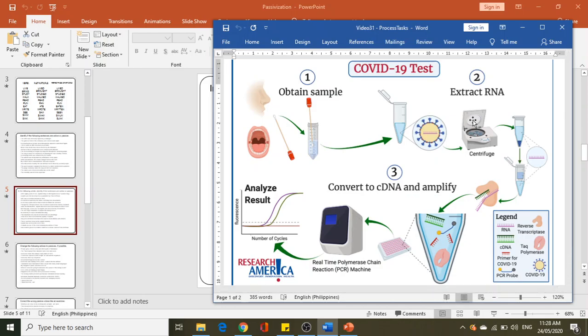So we don't really need to say that the researcher has to put the sample into the centrifuge; the researcher here is not important. It is really more the action itself that's being performed. That's why the passive voice becomes relevant in process tasks such as this. You don't see any person at all.